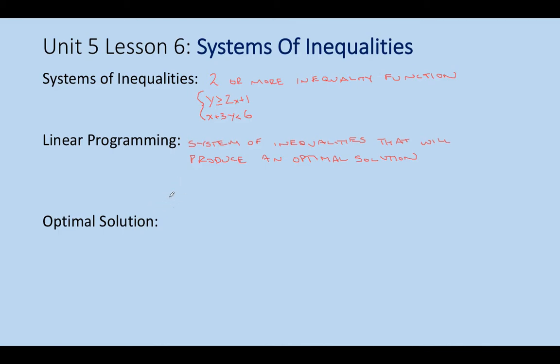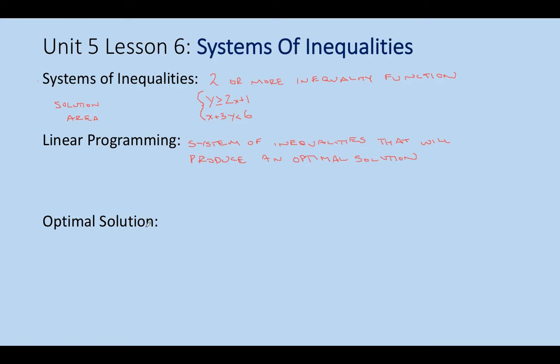And then the solution to both a system of inequalities and a linear programming question. Well, the solution is the area that's covered by all of the area that's shaded by an inequality.